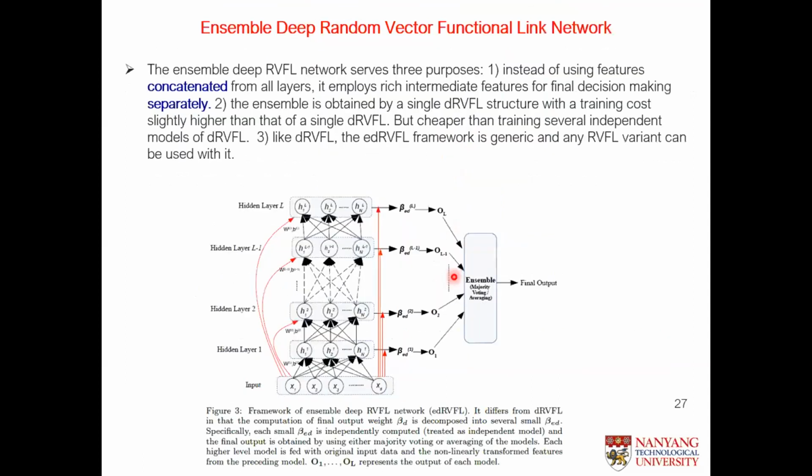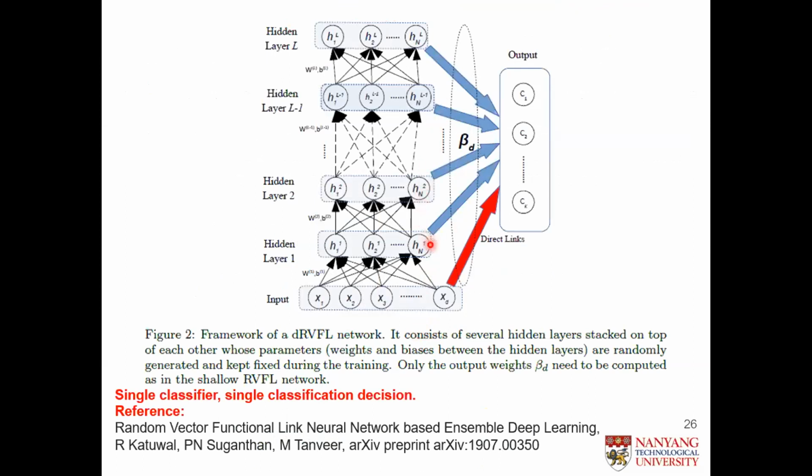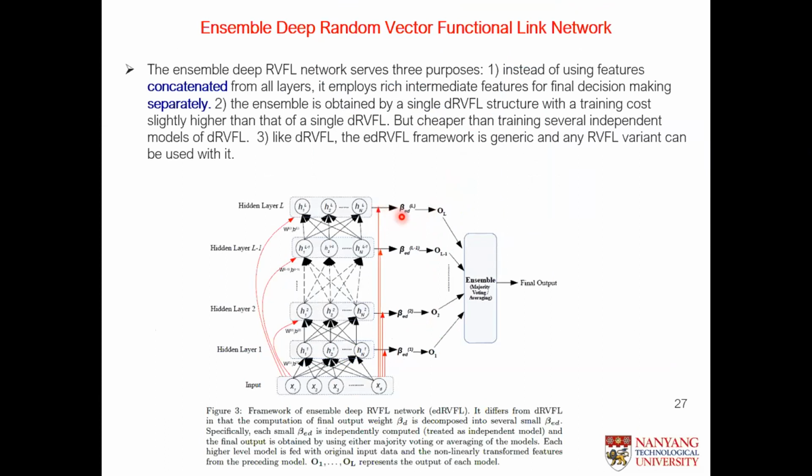Then we have the ensemble deep RVFL. We made a small change. Instead of concatenating all the hidden layer outputs and computing the connection weights only once, we decided to compute the connection weights for each hidden layer separately. From each hidden layer, we obtain outputs. So for the classification, if you have L number of hidden layers, you are going to get L output values.